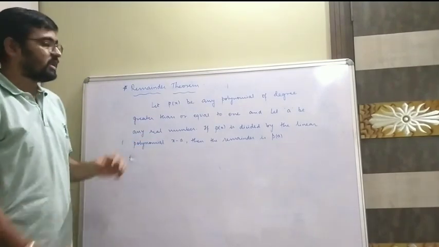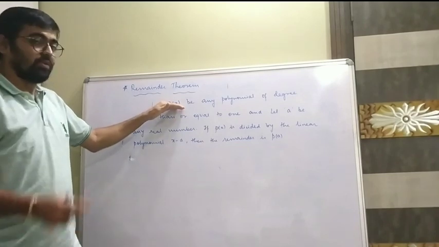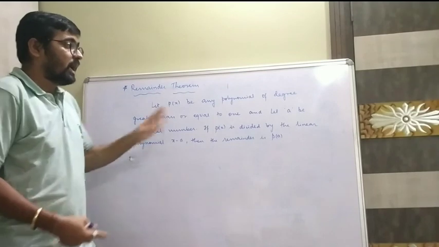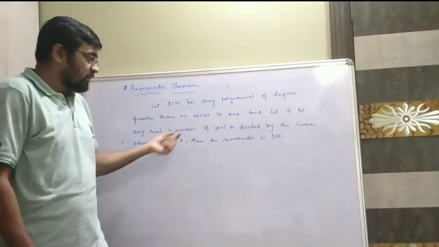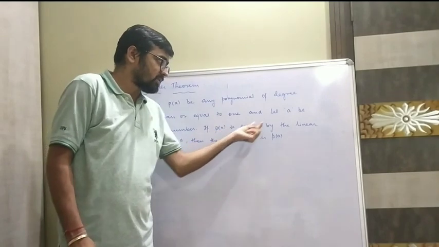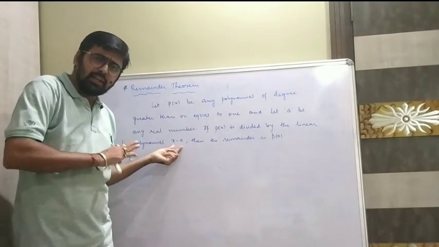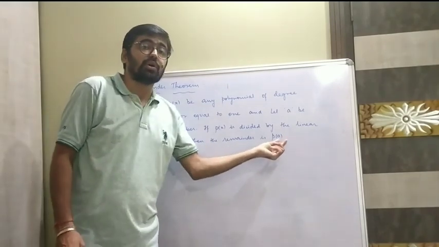So how can we understand this definition? Suppose you have a polynomial p of x whose degree is greater than or equal to 1, and consider a to be any real number. If you divide this p of x by any linear polynomial x minus a, then the remainder is p of a.